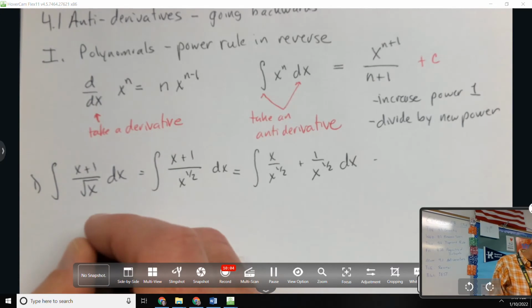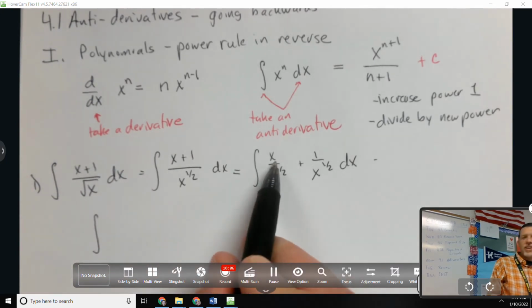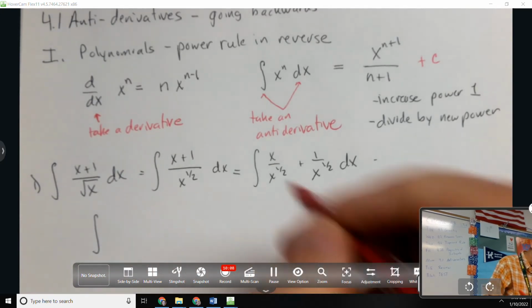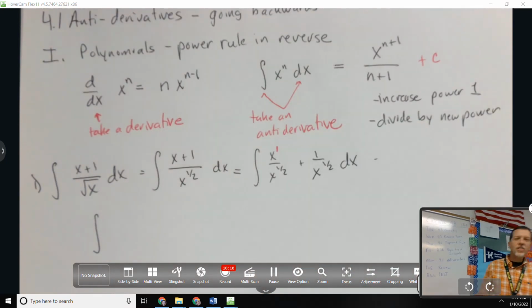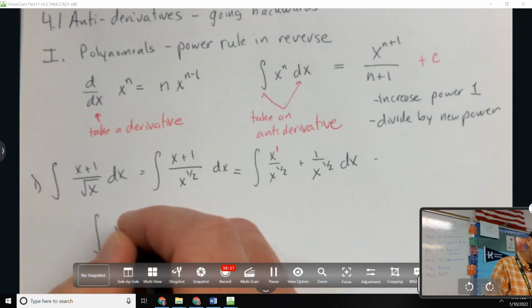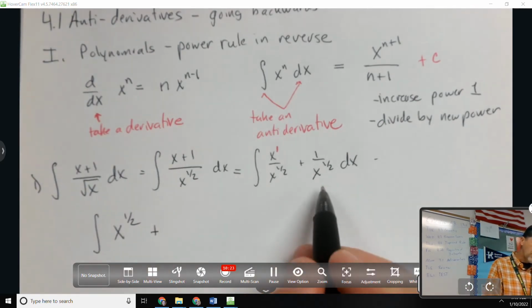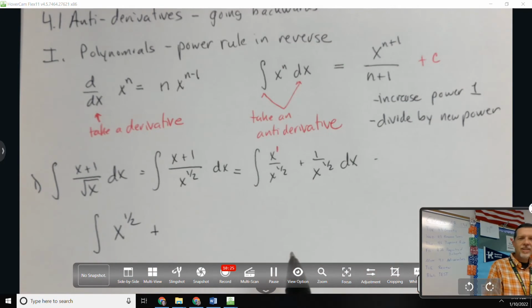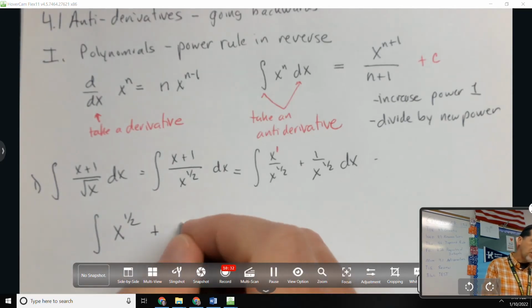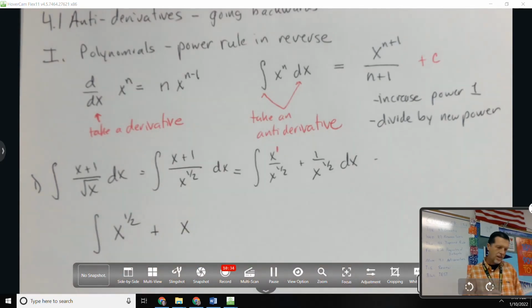Still doing algebra. What's x over x to the 1/2? x to the first over x to the 1/2. x to the 1/2, right? Because you would subtract the powers, 1 minus 1/2. And what about 1 over x to the 1/2? Could I rewrite that with just a power, x to some power? x to the negative 1/2.